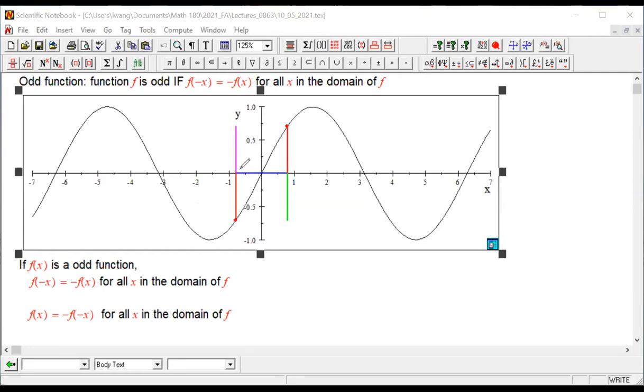There's the first scenario. If this is x, and the other side is the opposite of x. If this is x, this is f of x. So this red is f of x.